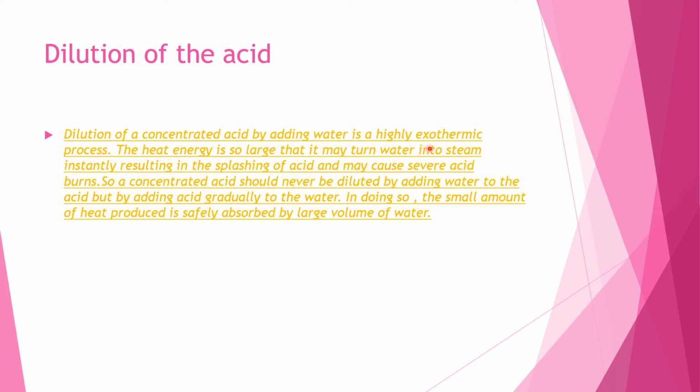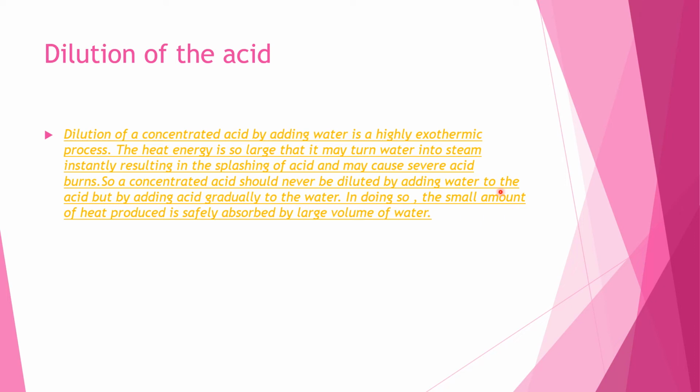Because it's a highly exothermic process, a large amount of heat evolves. That heat may turn water into steam instantly, resulting in splashing of acid. That acid will splash and may cause burns or harm to you. So a concentrated acid should never be diluted by adding water to the acid.